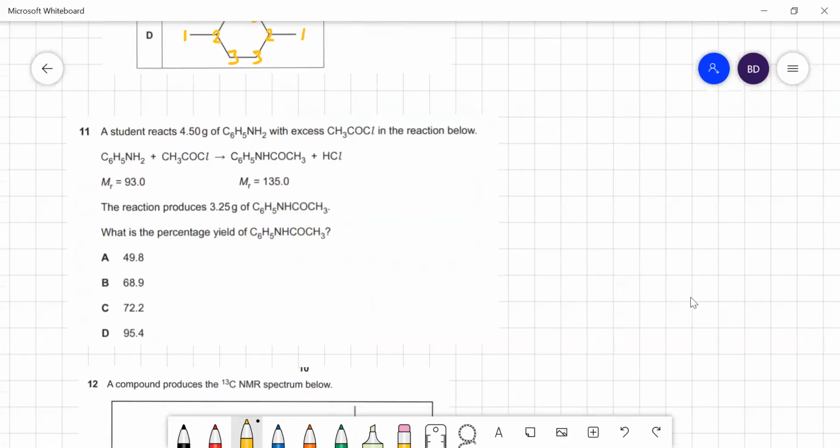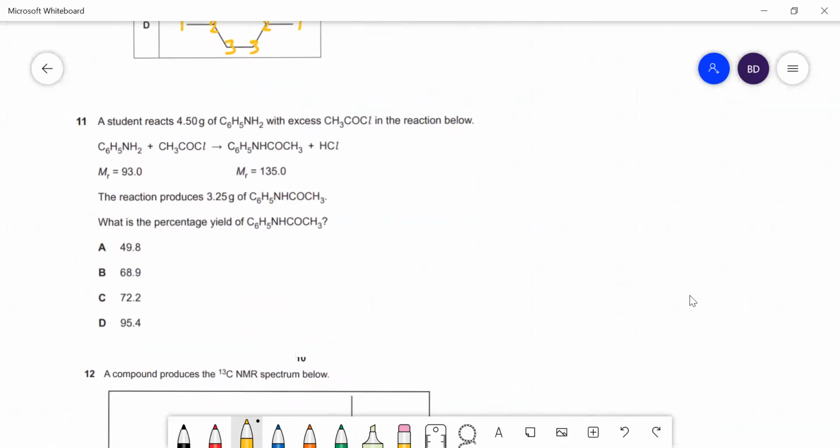All right, a percentage yield question here. We are going to make the secondary amide from the amine. So 1 mole of the amine gives us 1 mole of the product.